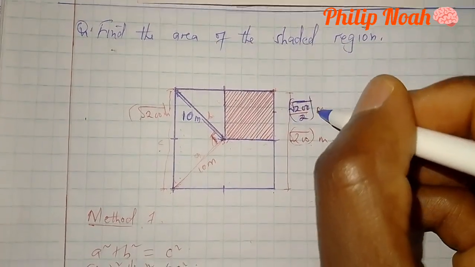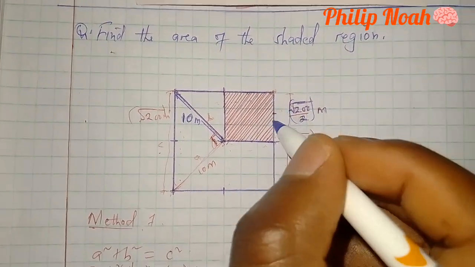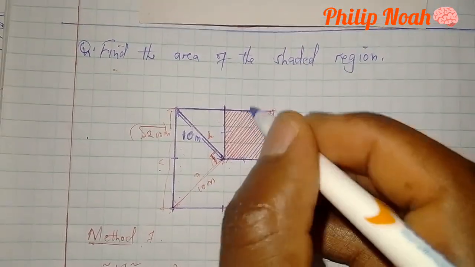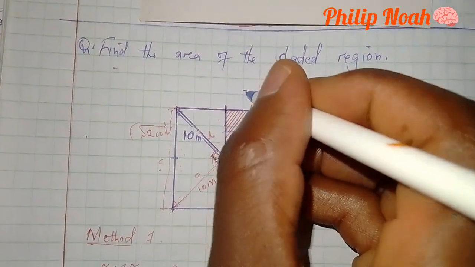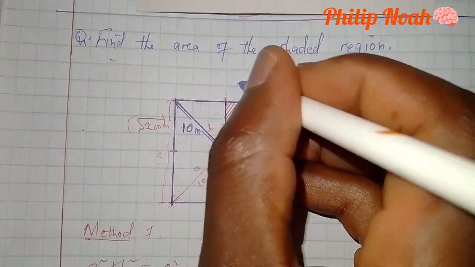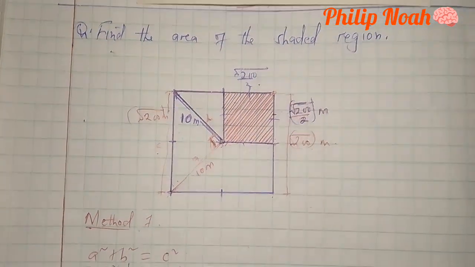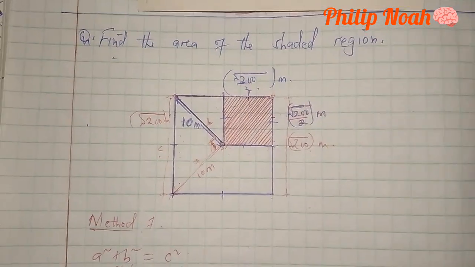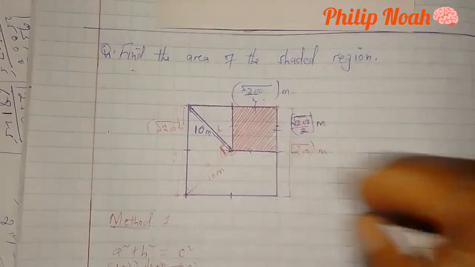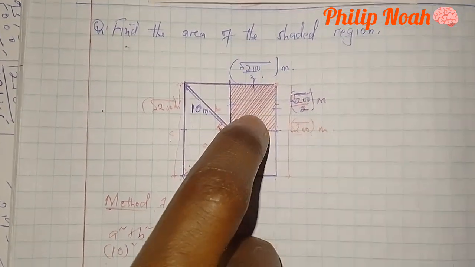Are we there? So this is also a square, meaning that the distance from this point to this point is also the square root of 200 over 2 meters.